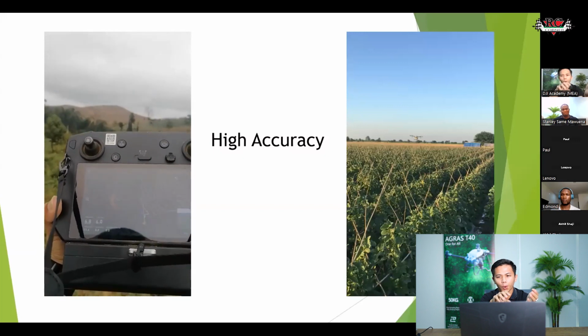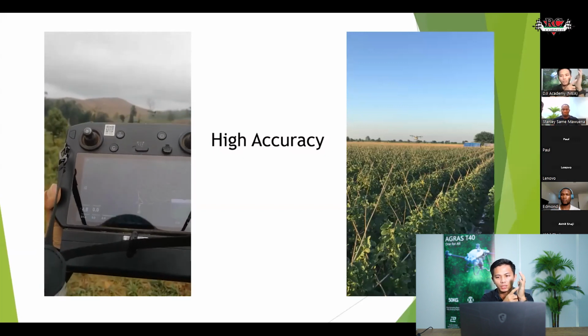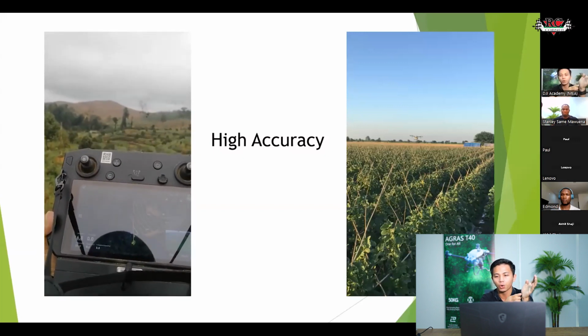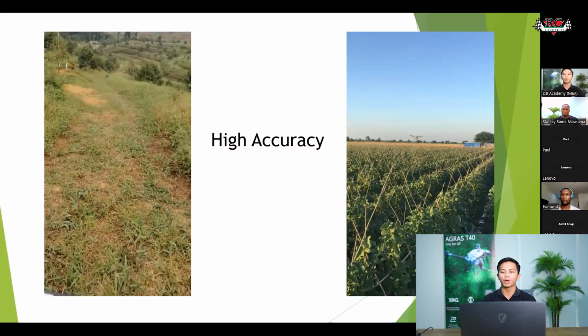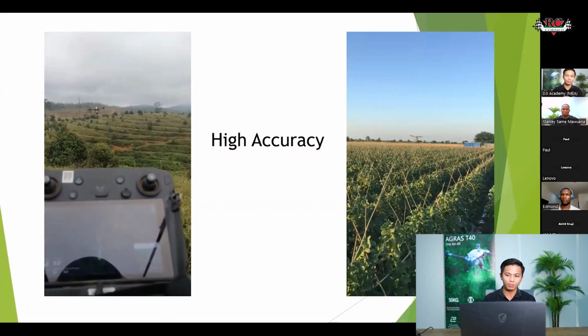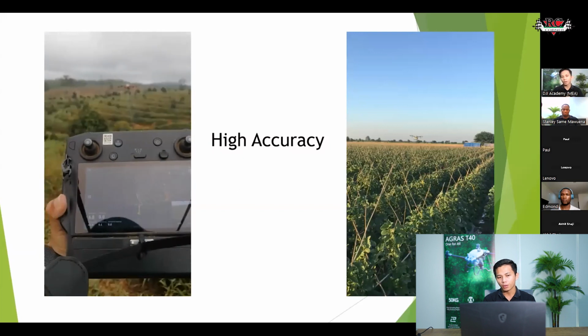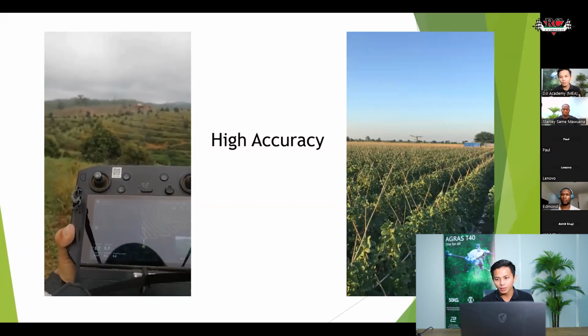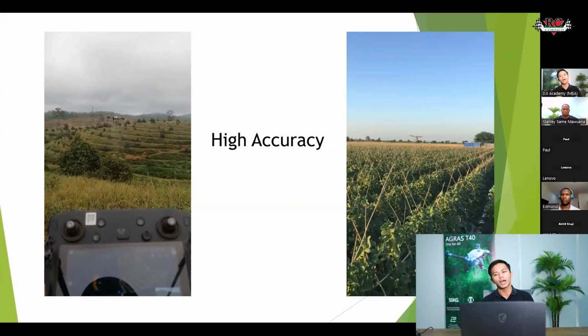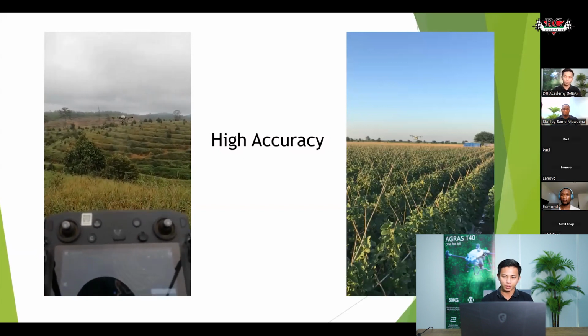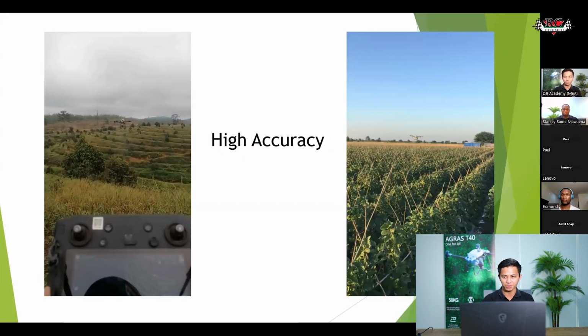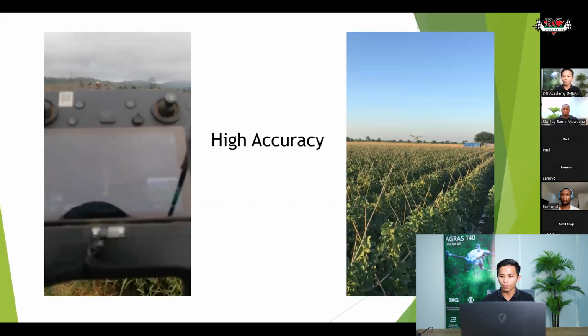It is spraying only on the tree canopy, and you just type the number, 1 liter per tree or 2 liters per tree, and it will spray exactly 1 liter. That means if you have 2 hectares, and in 1 hectare I have 100 trees, so 2 hectares, 200 trees, you just buy the exact amount of chemical. That will save your money a lot.